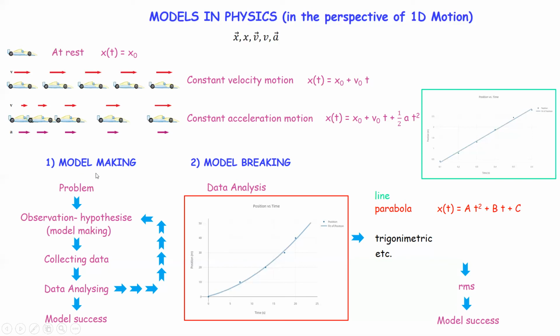In the first method, you are doing model making. So this is the difference. We'll go both ways in some cases, so you will know how to get successful results with either of these two methods.